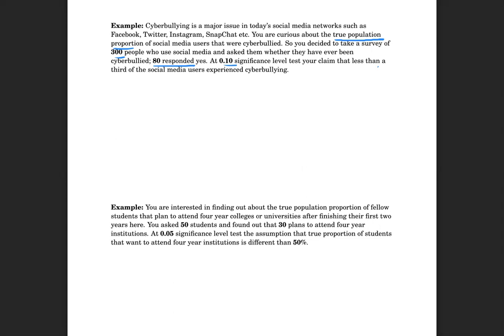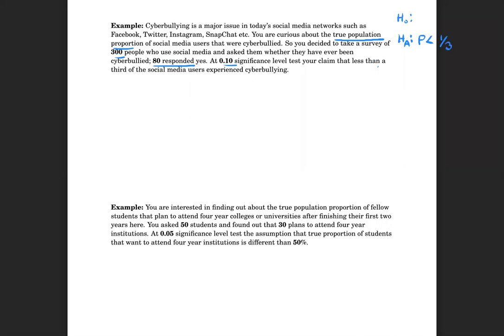Now, first off, you have to do the null and alternative hypothesis, even before the conditions assumption testing. So what is the null hypothesis and what is the alternative hypothesis? You're testing that the proportion is less than a third.